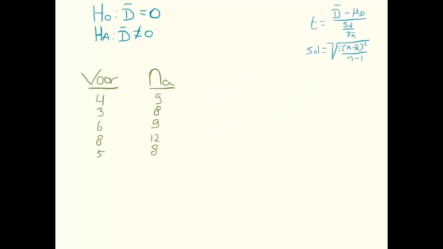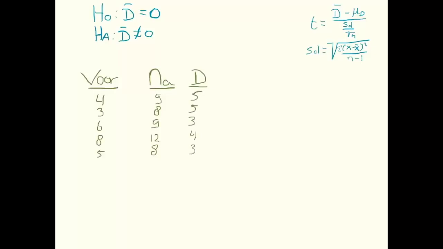The only difference is that we will either get a positive or a negative D, and therefore also a positive or a negative T. Now, if you have a specific expectation, you should of course check whether the mean difference score is in the right direction. In this case, we will subtract the pre-measurement from the post-measurement. We then get 9 minus 4 is 5, 8 minus 3 is 5, 3, 4, and 3.